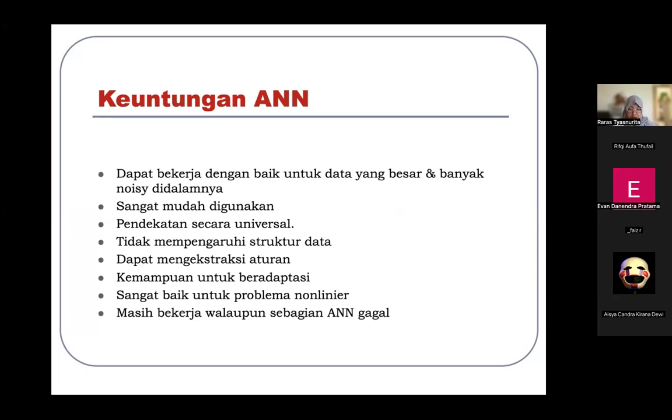We don't know what happened in our data, so we try to extract the rules from the data in terms of classification and prediction. Neural networks are really good at extracting the rules because they can adapt well to your data.